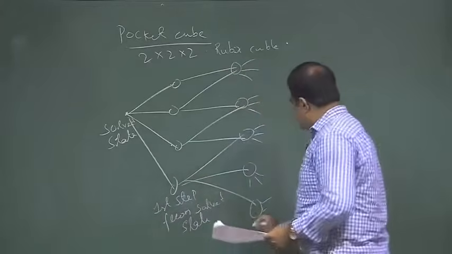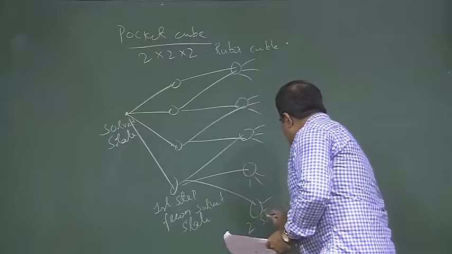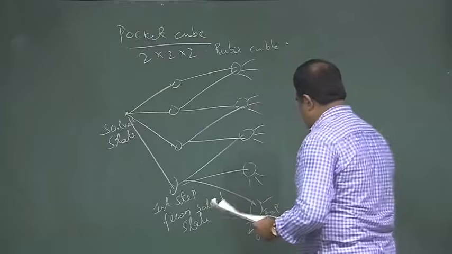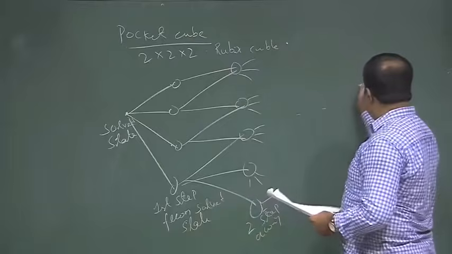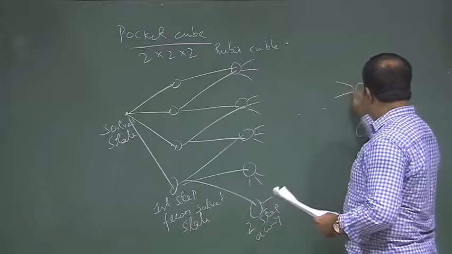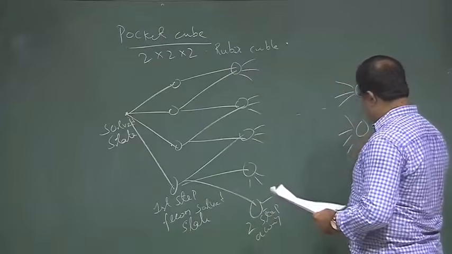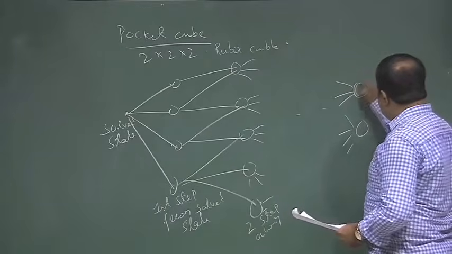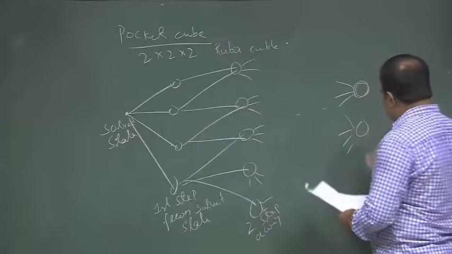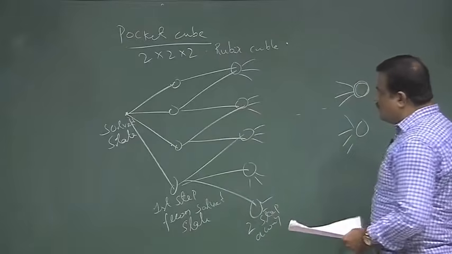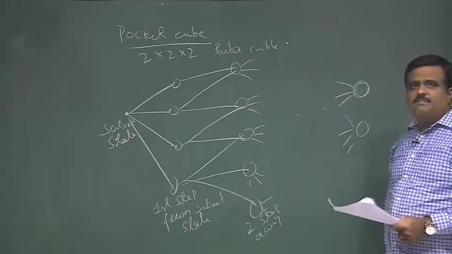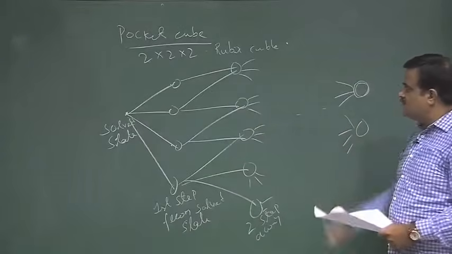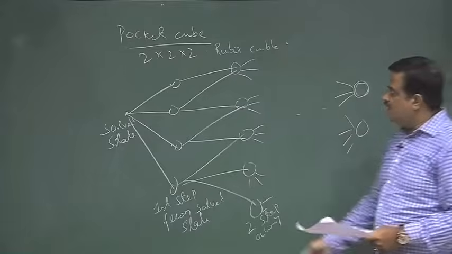This way we will continue until we reach the last state. This is an example of a breadth first search, a breadth first tree basically. This tree is called the breadth first tree, BFS.